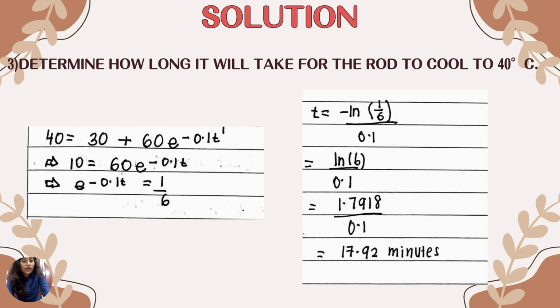So negative ln 1 over 6 over 0.1 gives ln 6 over 0.1. So ln 6 is 1.7918, over 0.1, and the final answer will be 17.92 minutes.